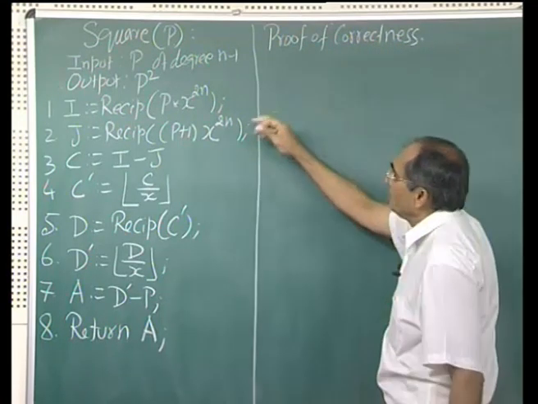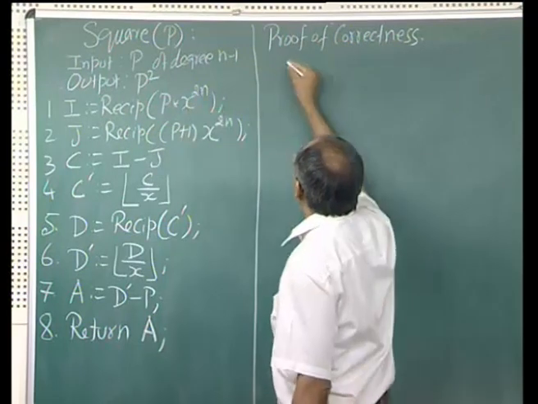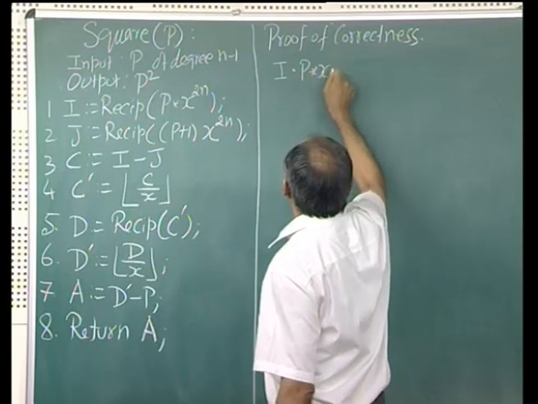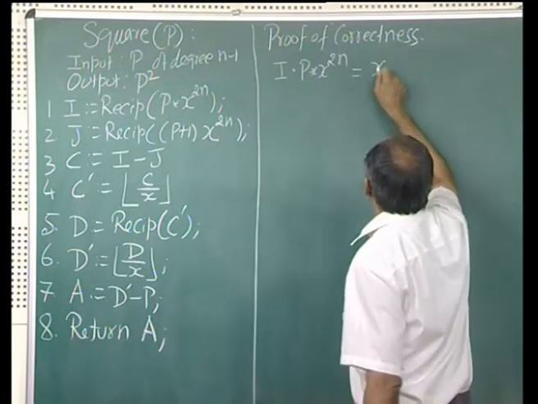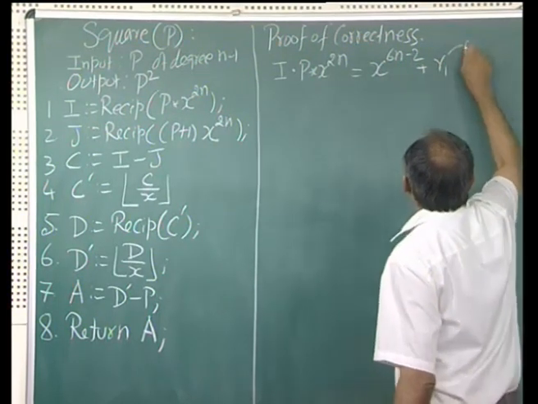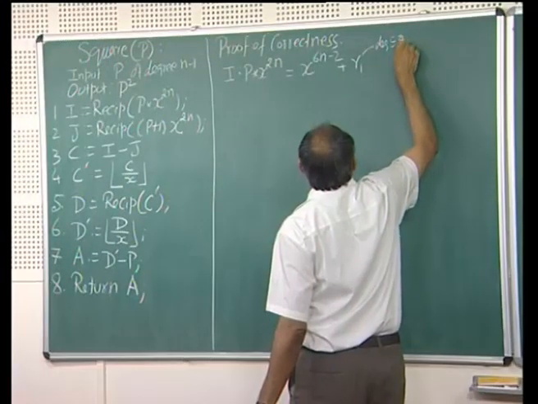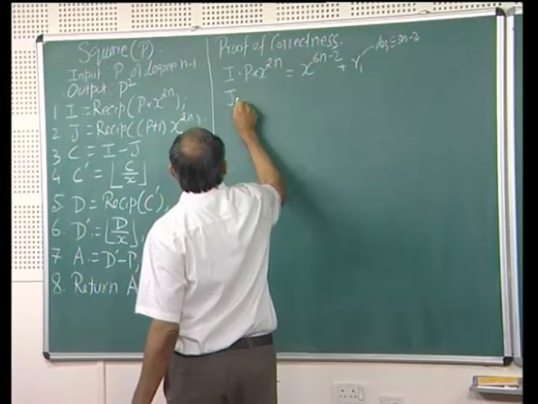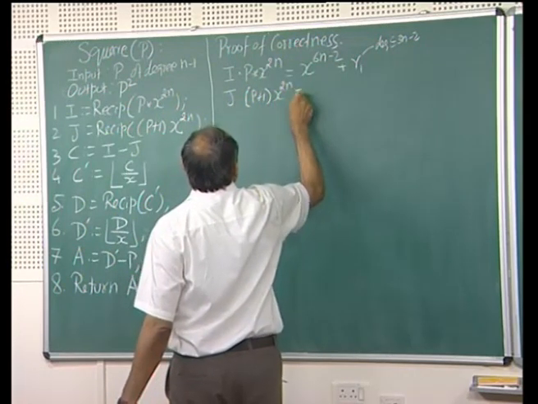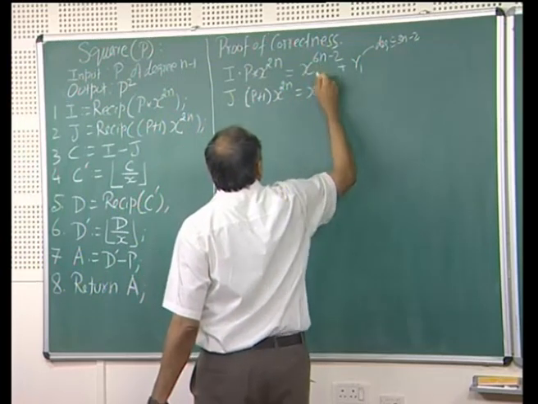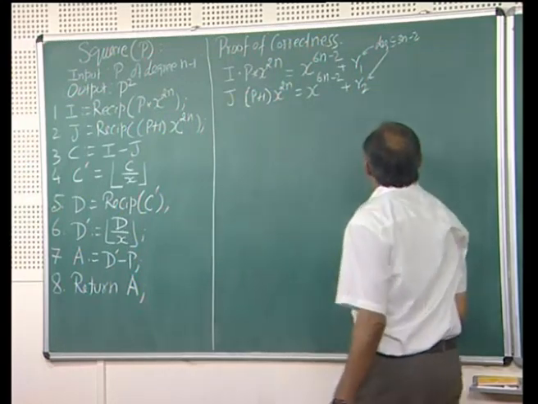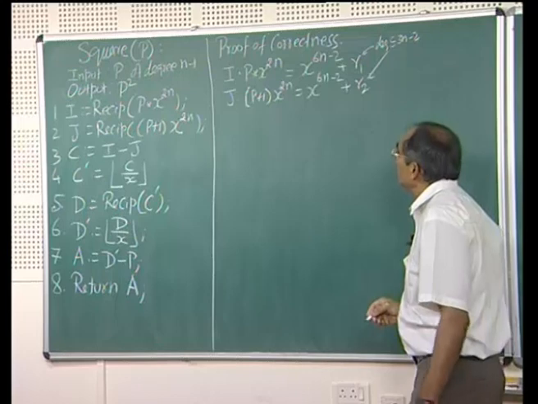From the previous proof, we know that I times p times x to the power 2n is x to the power 6n minus 2 plus r1 of degree less than or equal to 3n minus 2. J times p plus 1 x to the power 2n is x to the power 6n minus 2 plus r2 also of degree at most 3n minus 2.